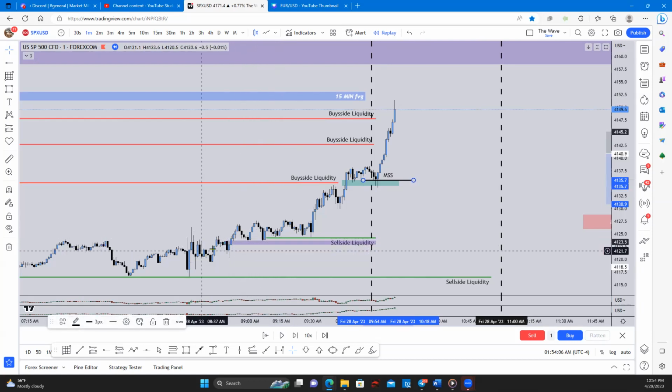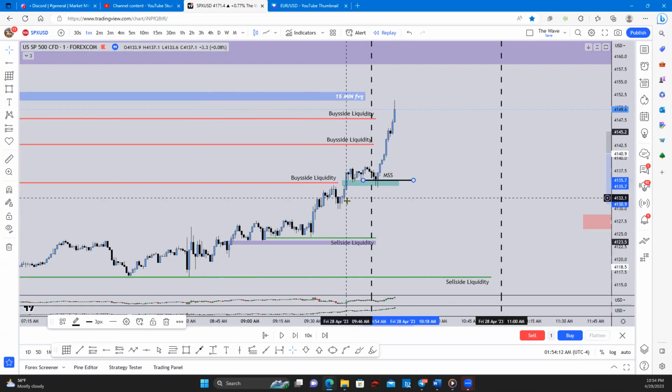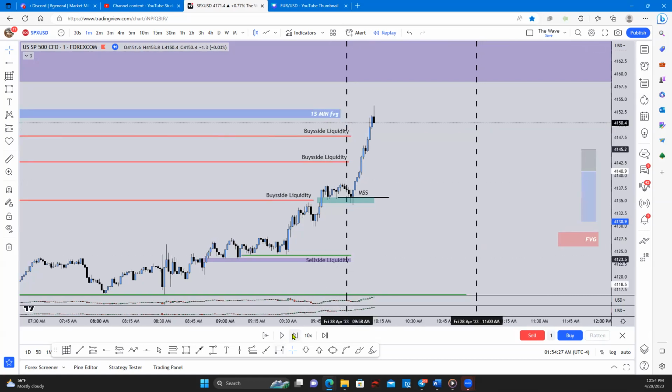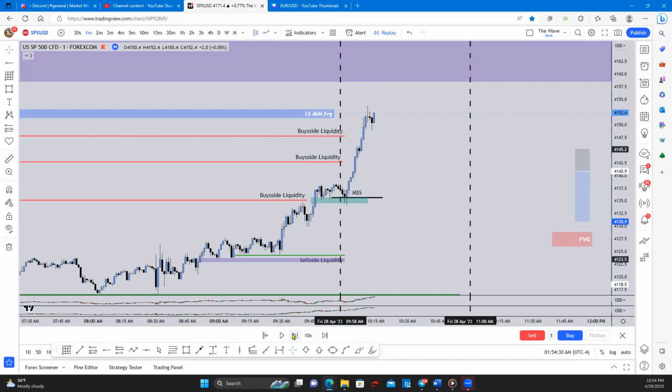If we would have swept some more sell side here first before the move up, then I would have looked to take some entries. So that being said, I was waiting for it to continue to take out this liquidity. As it came up, I was checking off the boxes.